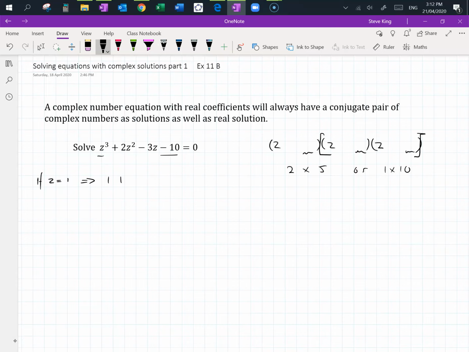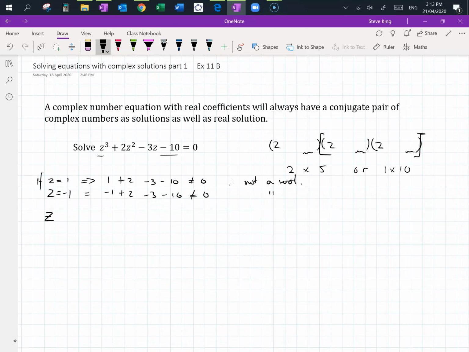We get 1 plus 2 minus 3 minus 10, and that's not equal to 0, so therefore not a root. If I put in minus 1, I'm going to get minus 1 plus 2 minus 3 minus 10. That's also not going to equal 0, so it's also not a root.